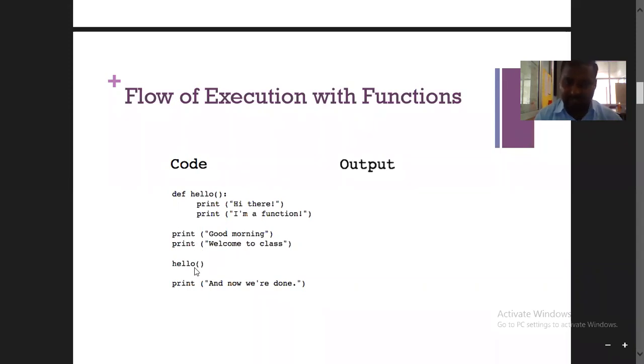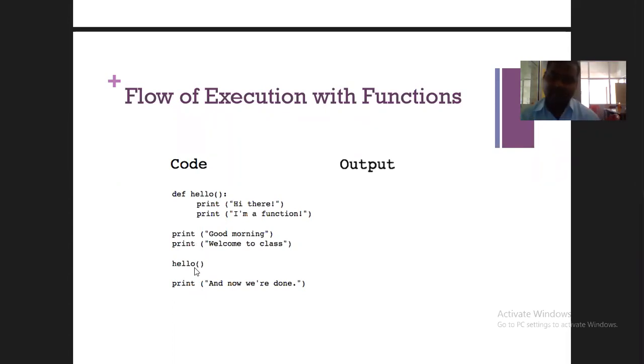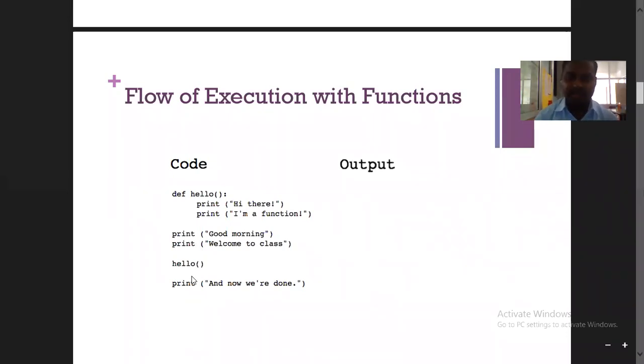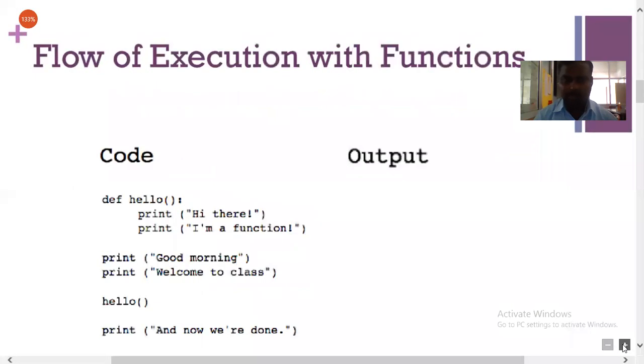And the sixth line of the code is hello. This calls the function. We need to call the function in Python. Then the last statement is print of, and now we are done. These are the coding part. Is this available to everyone?